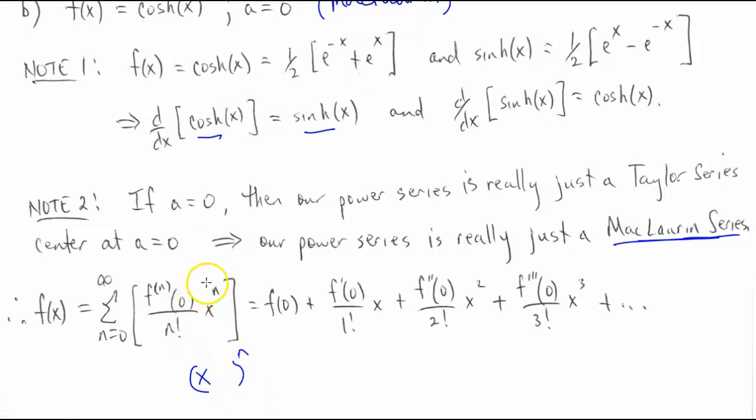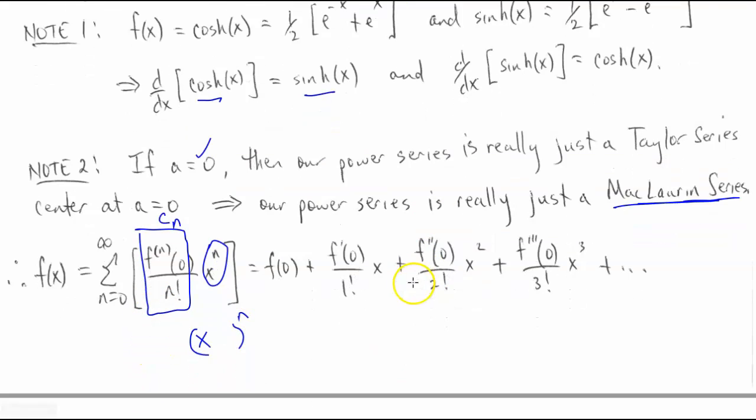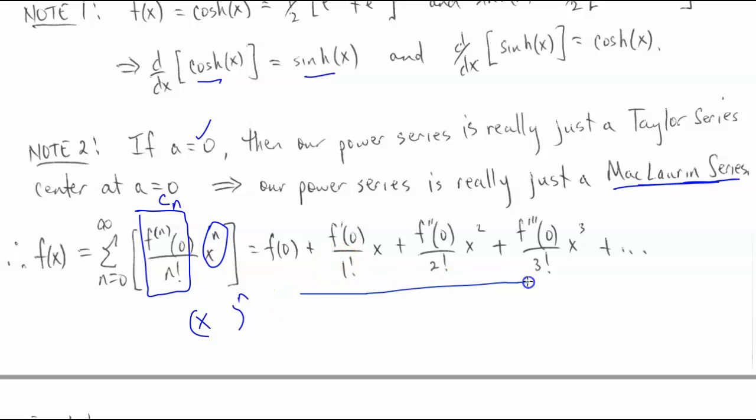And that is what you're seeing here. Of course, the coefficients are going to be the same. Your c sub n is just going to be the nth derivative evaluated at 0, since our power series is being centered about 0, all divided by n factorial. And of course, we're listing all that info out.